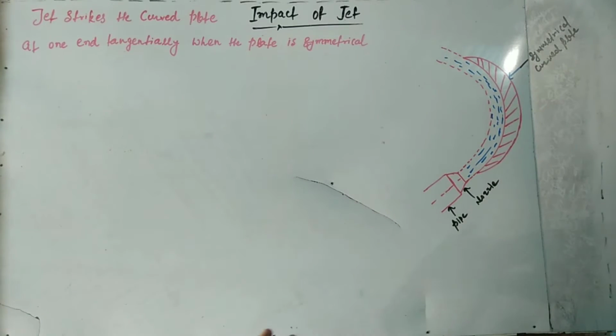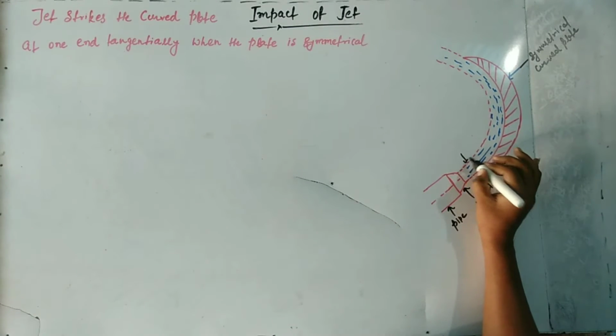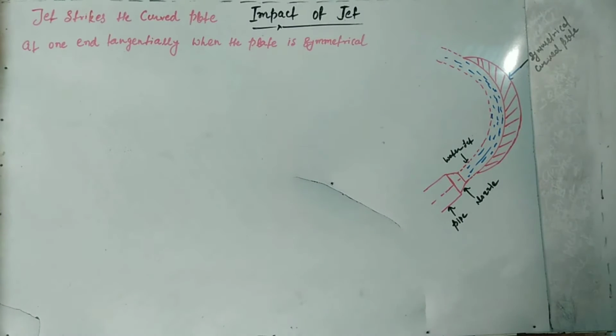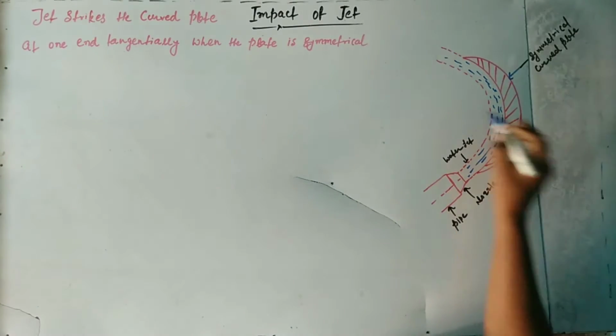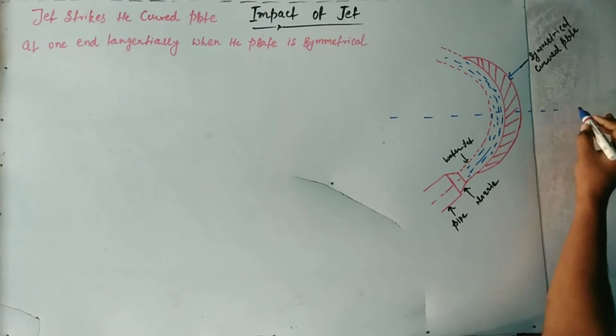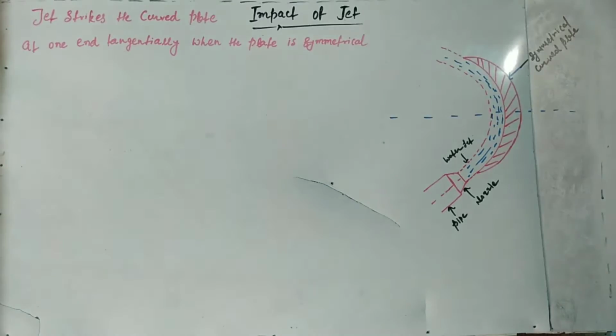So we can say this one is water jet which is strike on the curved plate from one end and it's strike tangentially to the curved plate. This is axis and it is x-axis in which force is acting in the x direction.